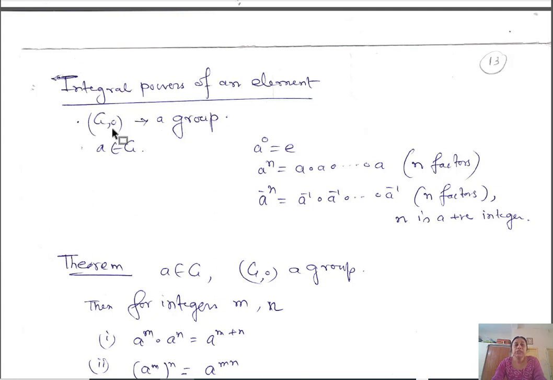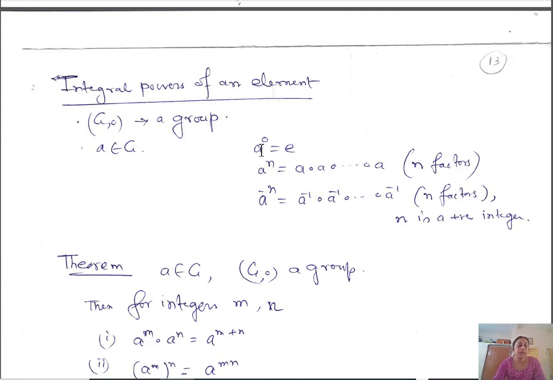Suppose G, O be a group, and A be a fixed element, some particular element of G. Now this is my notation. A to the power 0 means E. Already I have introduced this notation earlier while discussing one problem related to idempotent.